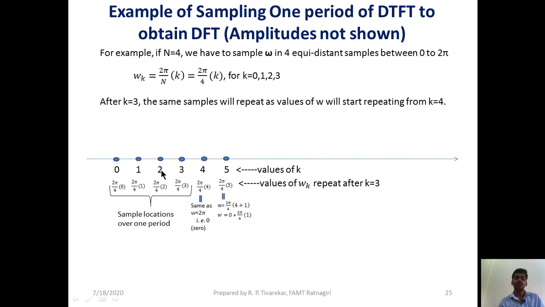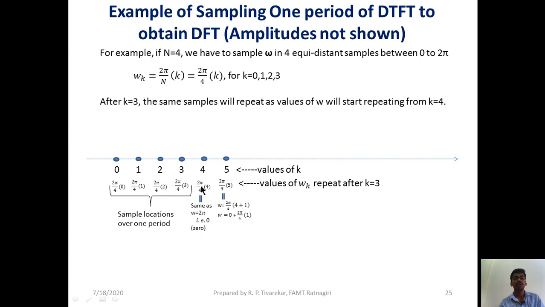So for k equal to 2, 2 pi by 4 into 2, k equal to 3, 2 pi by 4 into 3, k equal to 4, 2 pi by 4 into 4, which is nothing but 2 pi, which is same as 0, one complete revolution. So this sample is same as this sample, if you have understood now. So k has unique values from k equal to 0 to k equal to 3.